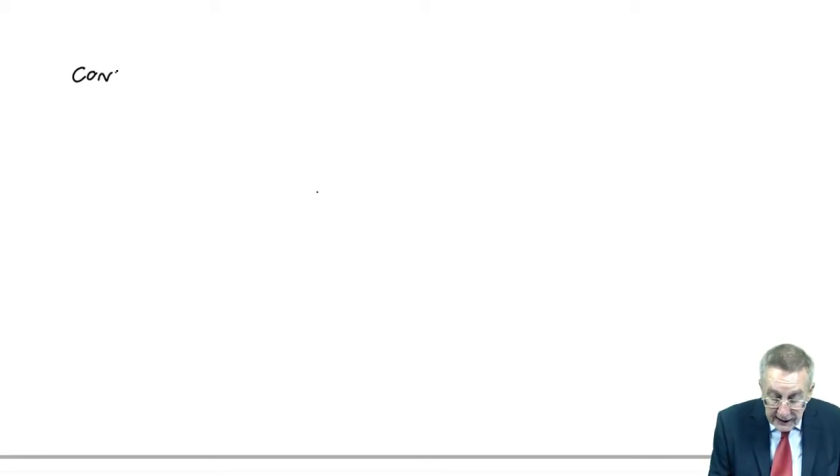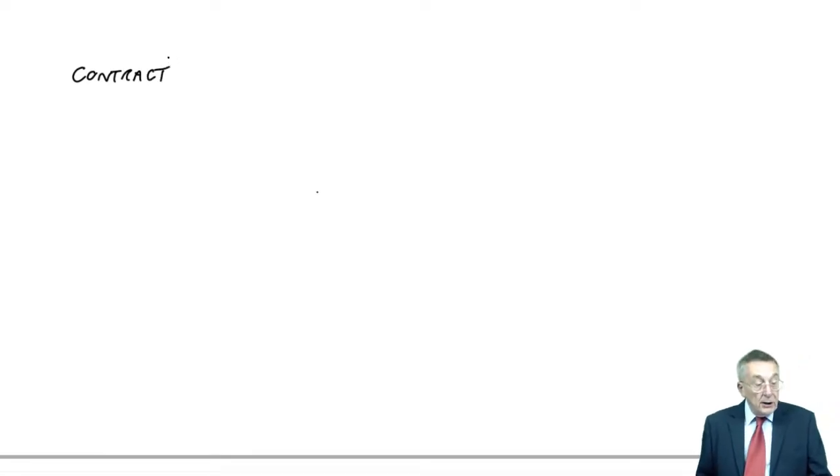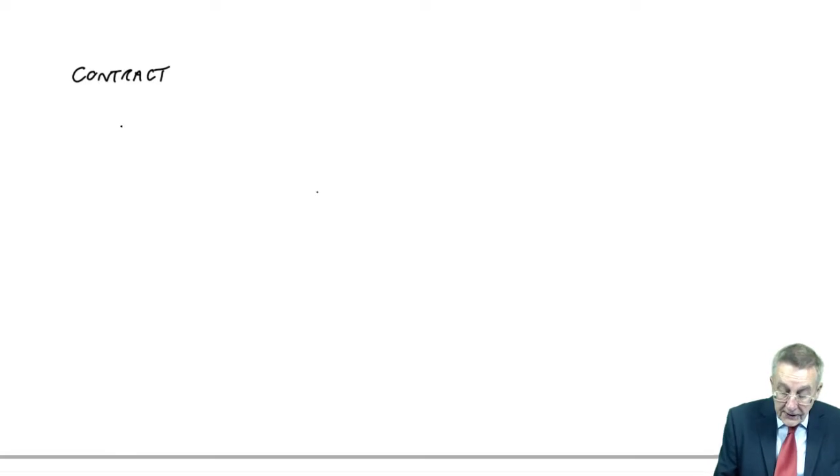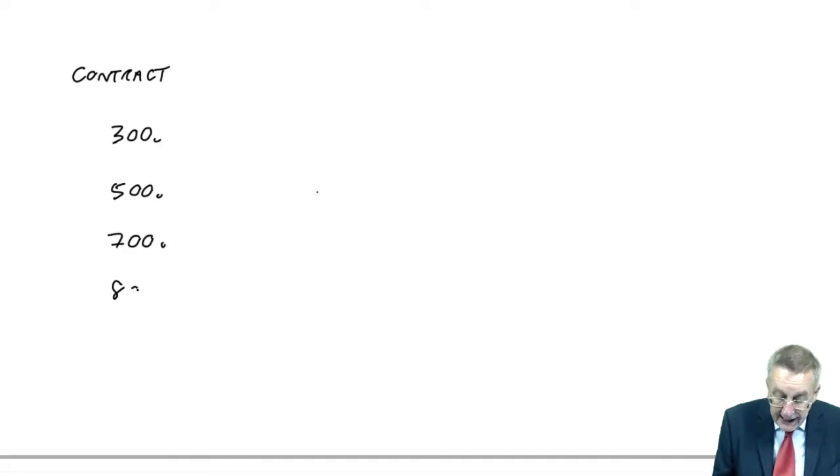It depends, first of all, on what size contract we sign. We can sign a contract. There's 4 choices here. It'll either be for 300 units, 500 units, 700 or 800.